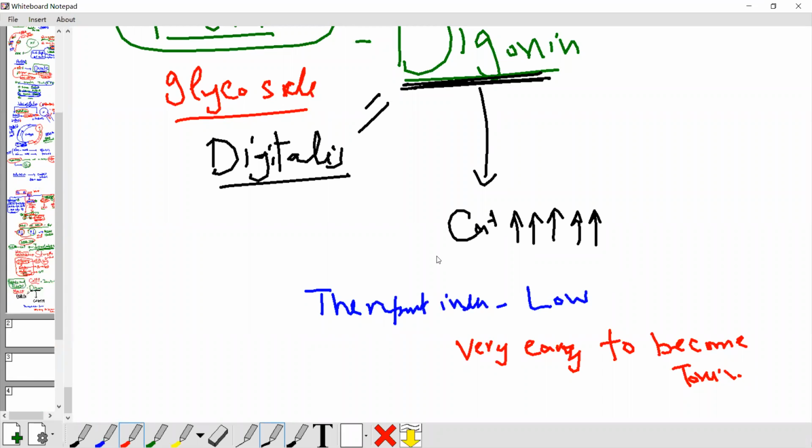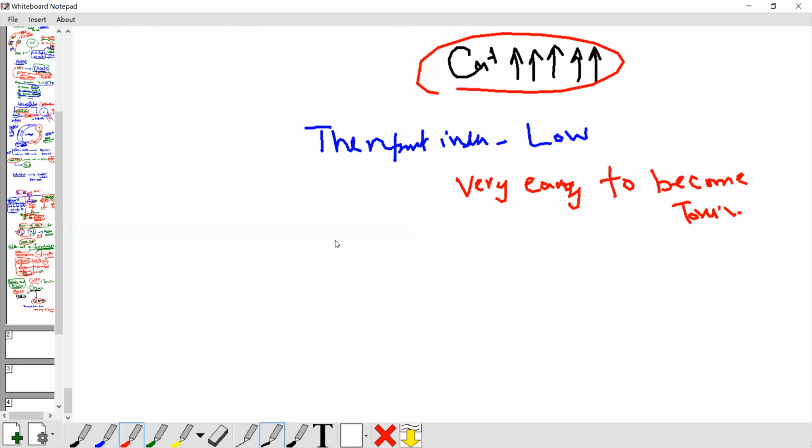The main side effect of digoxin: therapeutic index very narrow. So digoxin toxicity. What are the side effects of digoxin? Digoxin can cause arrhythmia. It can cause seizure, CNS problems, convulsion.